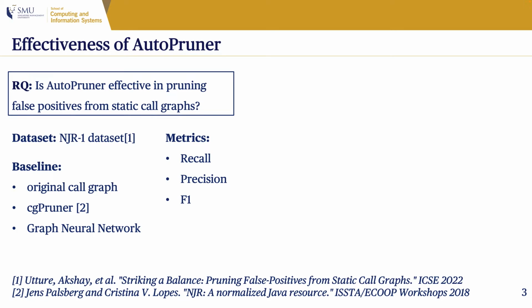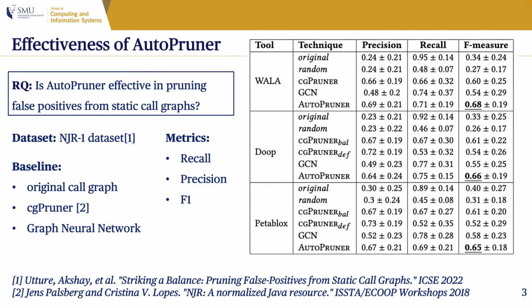And finally, we evaluate the approach on the evaluation metrics recall, precision, and F1, which are standard metrics for classification problems. And we can see the result in the slide.